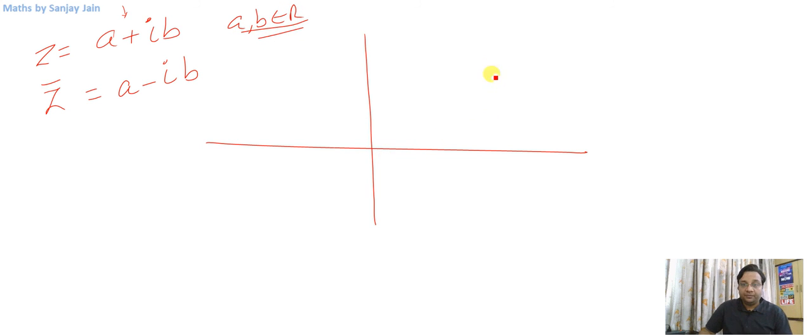Okay. So if this is the point that refers to a comma b, what will be the point that refers to a comma minus b? It will be just below it, right? Here, because a is this length and minus b will be exactly the same length. This will be b, this will be a. So minus b will be exactly the same length in this direction, negative direction of y-axis, right?